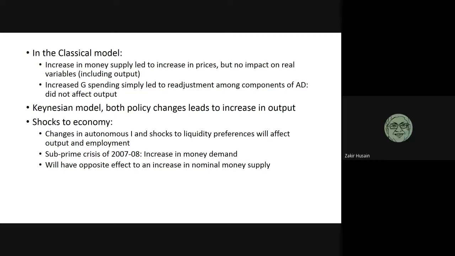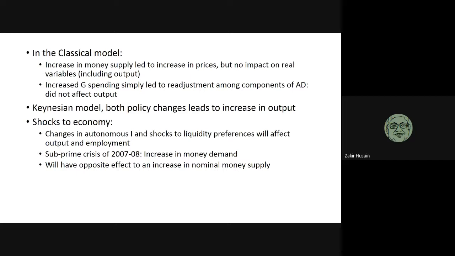So in the classical model, we had seen that if there's an increase in money supply, this will lead to simply an increase in prices. There will be no impact on real variables, particularly output and employment. Similarly, increased government spending will lead to readjustment among components of aggregate demand.